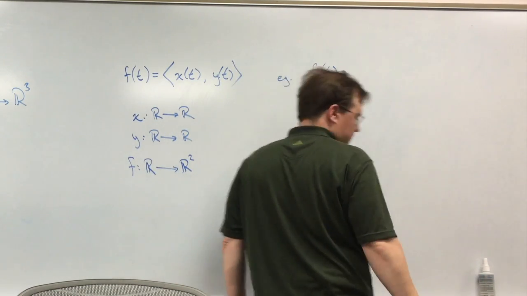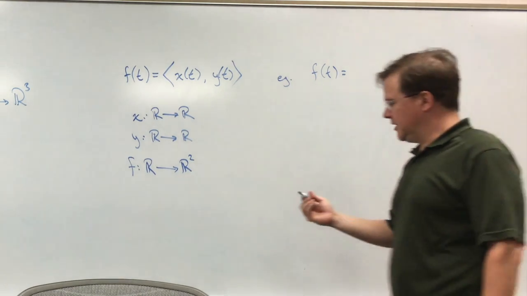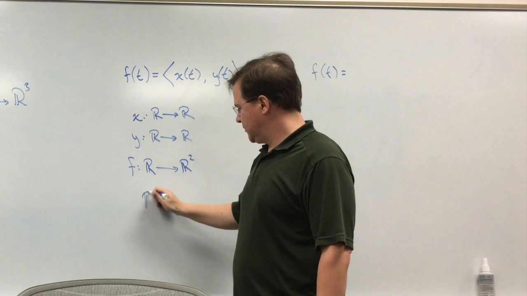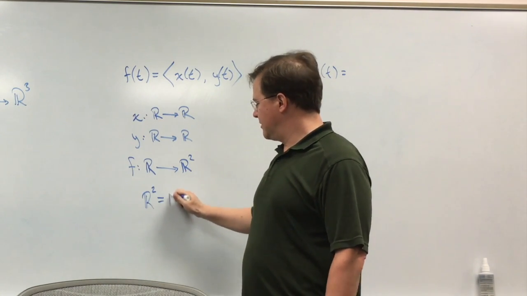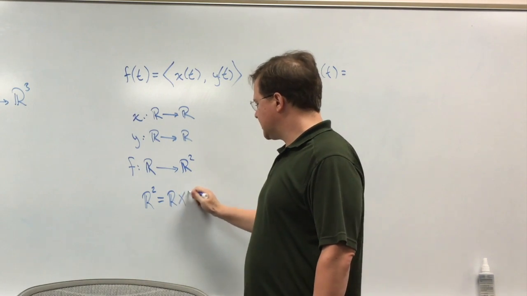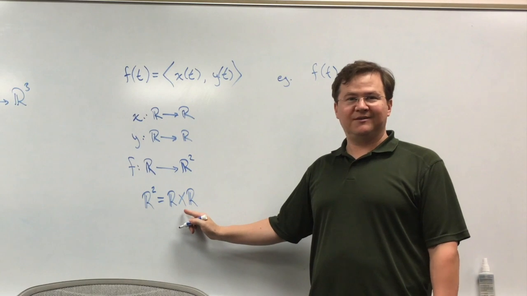Okay, so that superscript 2, that's just saying the dimension. Actually R2, this is kind of getting into set theory now, but R2 is just shorthand for R cross R. Now this is not multiplication as you know it.